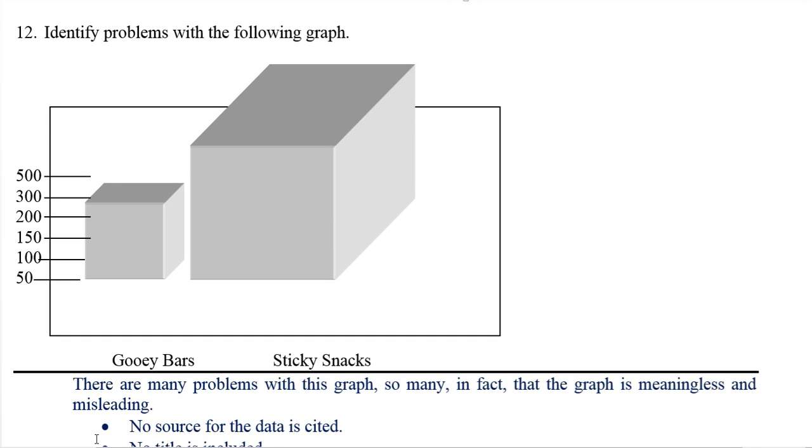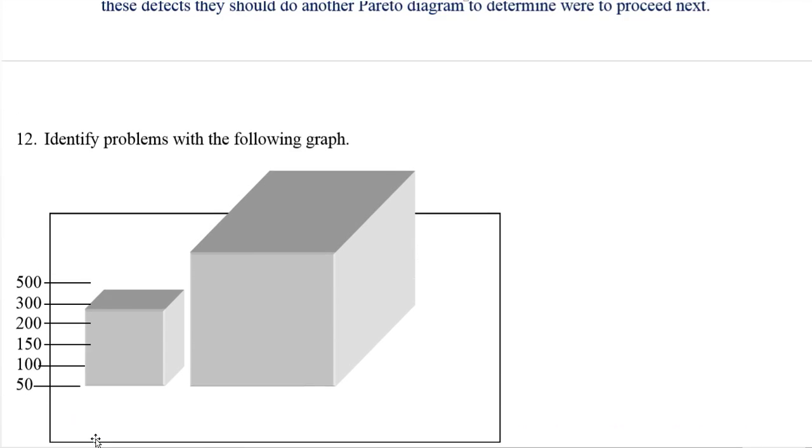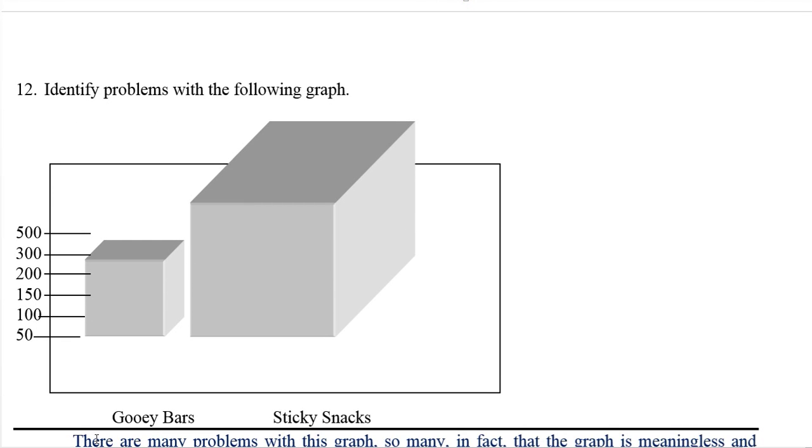Here's a graph. What's wrong with it? Well, can you find anything right with it? Everything's wrong with it. Let's start with this. There's no title. There's no source. Presumably, this is some sort of frequency, but you don't have a natural scale.